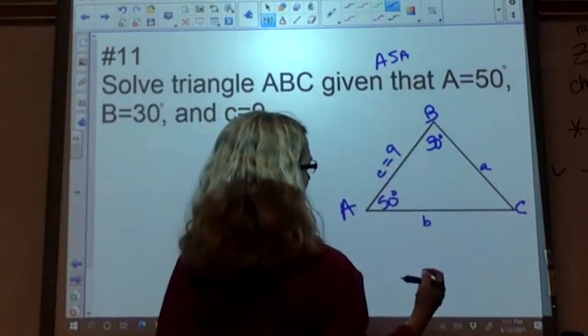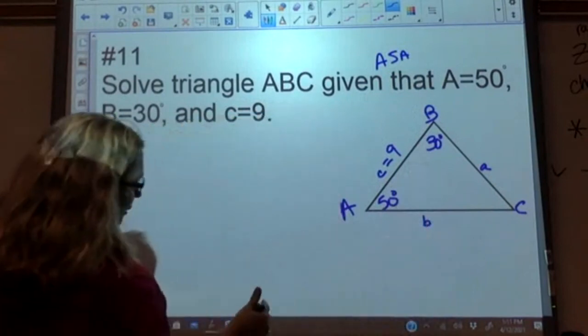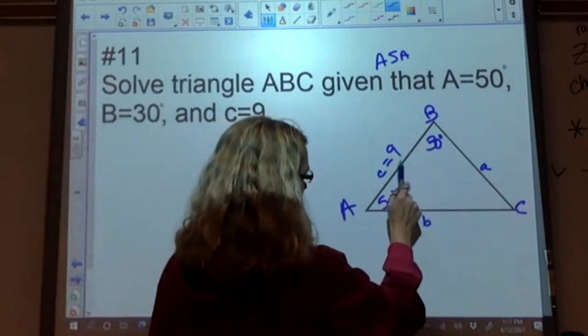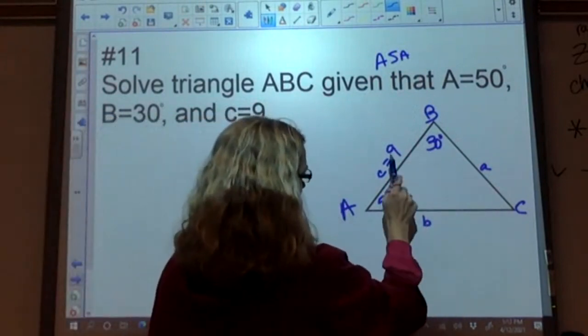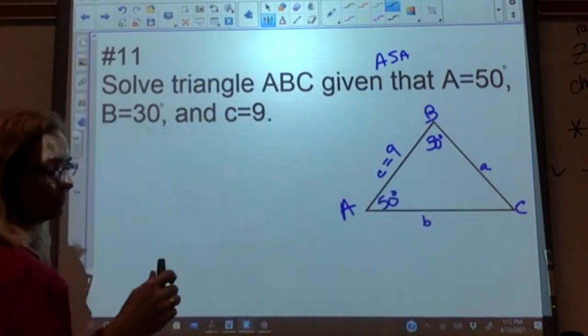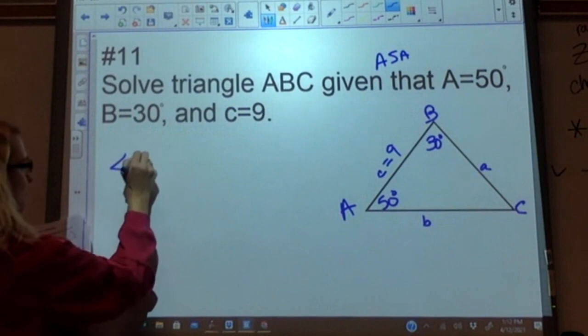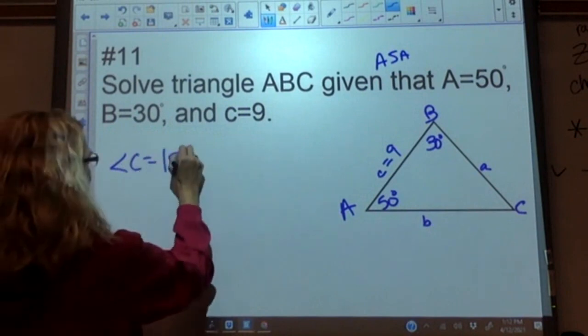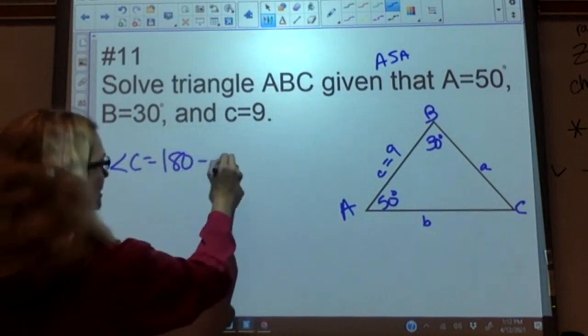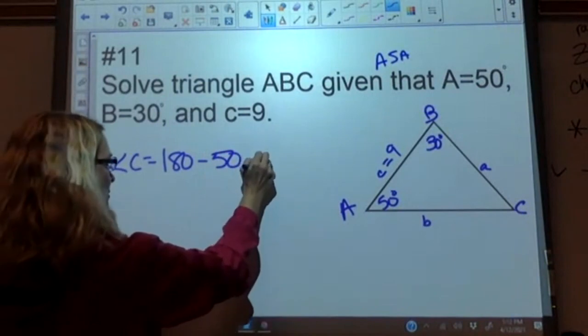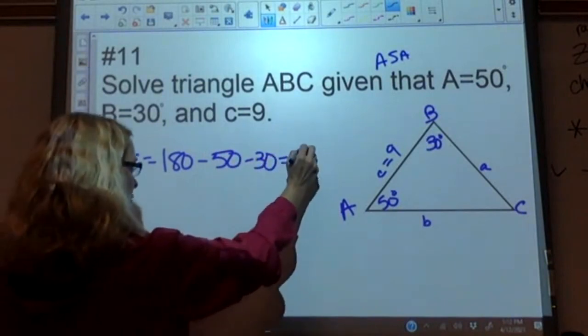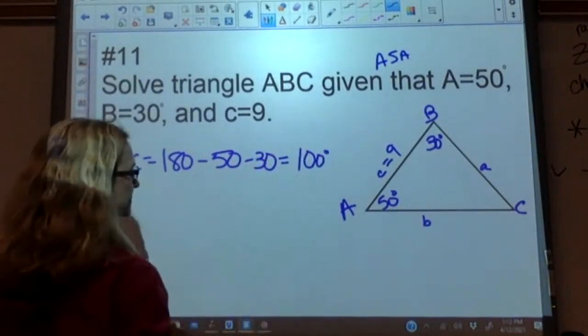But I know it's a lot of sines because I've got two angles, and so I can quickly find this missing angle here. That would give me an angle and a side that have the same variable. So angle C is 180 minus 50 minus 30. So this is 100 degrees.